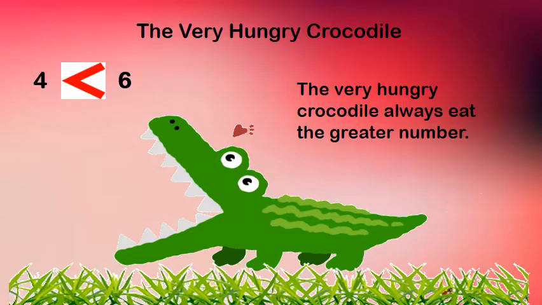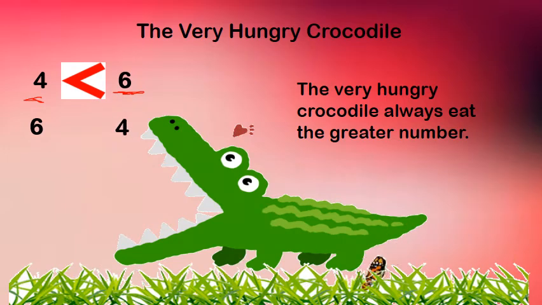So if I'm going to read the equation now, it goes like this: 4 is lesser than 6, or 4 is less than 6. So we have here now another example, 6 and 4.